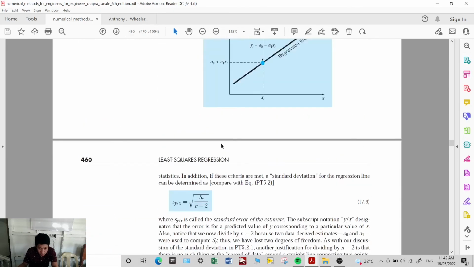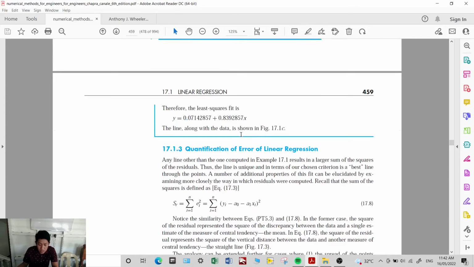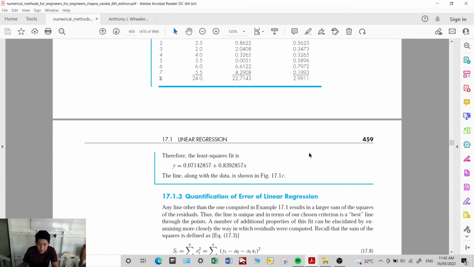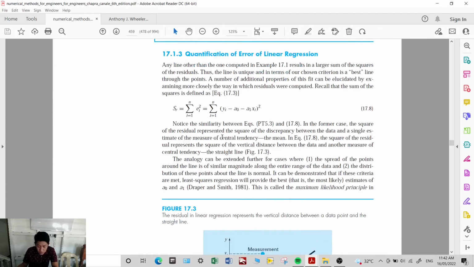So what is that? First, let's get the sum of the residuals, or the summation of the error squared, which is represented by this equation. So, as computed earlier, 2.9911. Okay, that is the summation of the residuals.